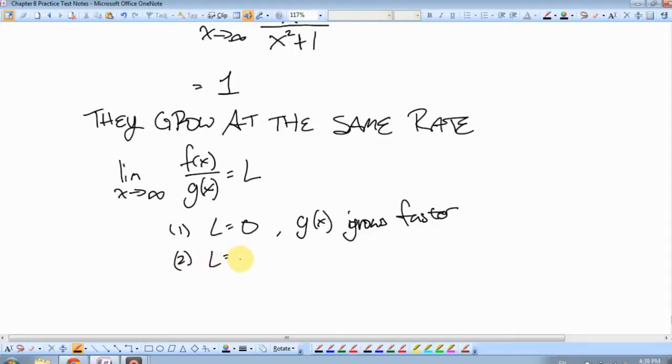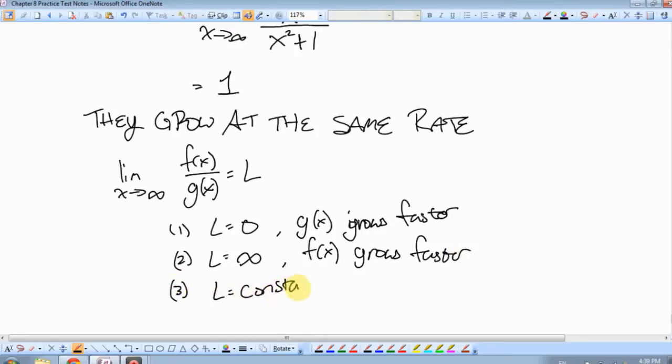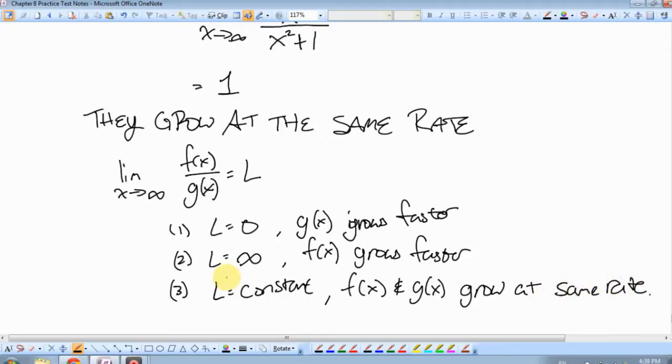If L is infinite, then f grows faster. And 3, if L is constant, f and g grow at the same rate. Awesome. That takes care of 11.